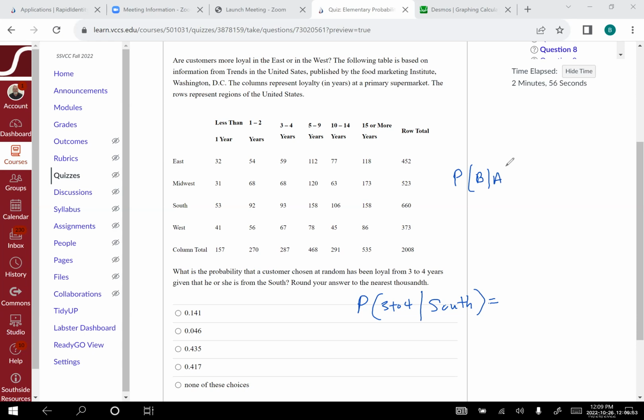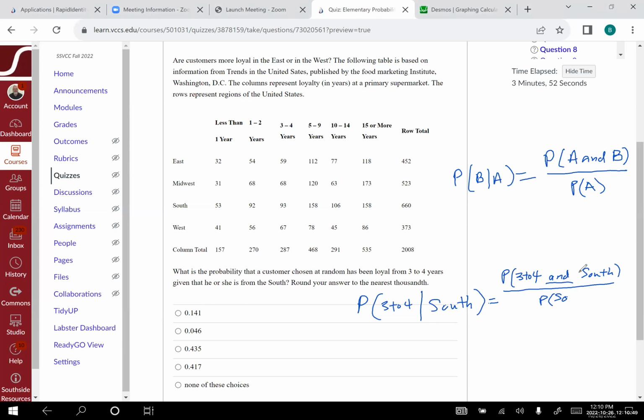Probability of B given A has already occurred is the probability of A and B occurring divided by the probability of A. So this would be the probability of 3 to 4 years and from the South divided by probability of being from the South. So we'll just take this a piece at a time, work our way through it.